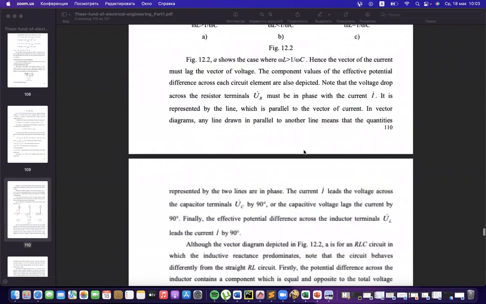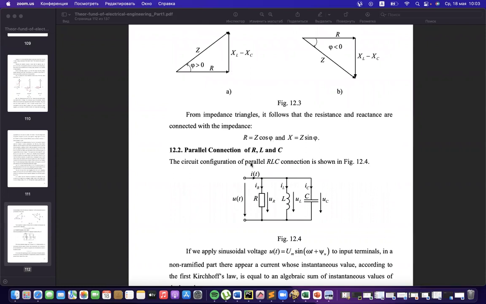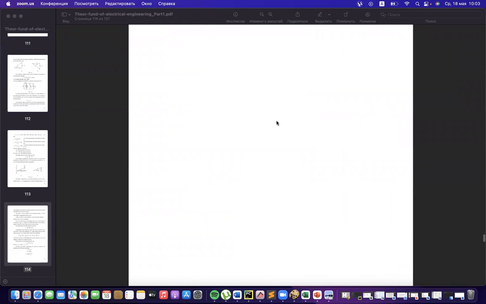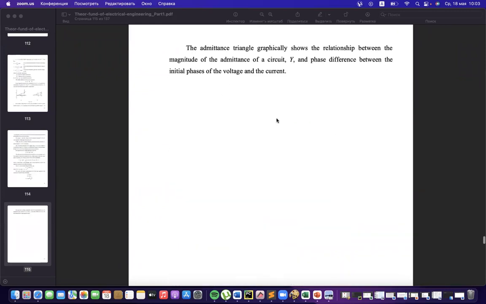We'll discuss the vector forms. Also, we will move to parallel connection and also discuss vector form for parallel connection.